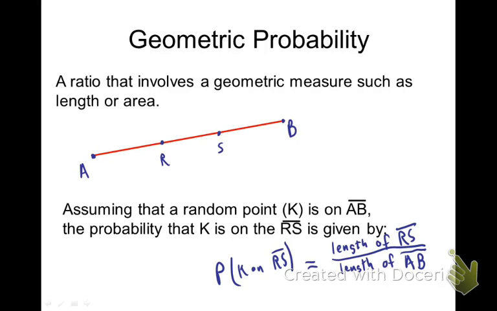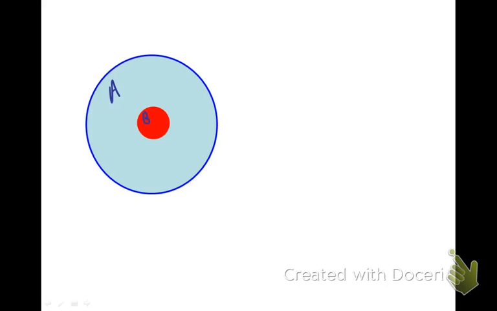Well, the probability of the point being on segment RS is going to be equal to the length of RS divided by the length of AB, because the event space is RS and the sample space is AB. We don't know any lengths here, but this would be the answer for us. If we knew the length AB and we knew the length RS, then we could do the division to find what that geometric probability would be.